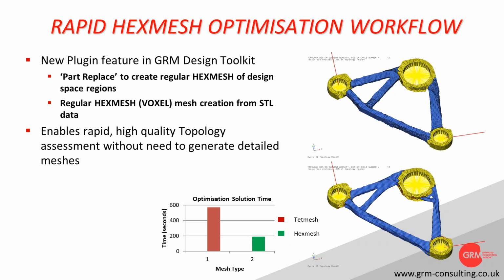Now, one of the key observations, taking the simple example here of a rocker meshed in TETs and then in regular hexes, is that as well as what we feel are cleaner results, you can actually see a performance improvement in the solution, and that comes down to simplifying the optimization problem itself. In this same design space volume, we have around 120,000 TET elements versus about 20,000 hexa elements. Now, for the solution time, there's very little difference.